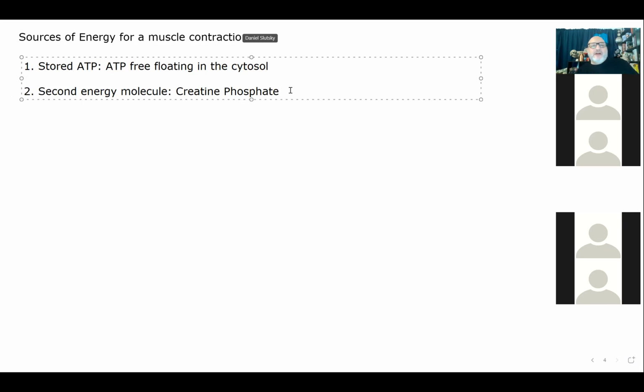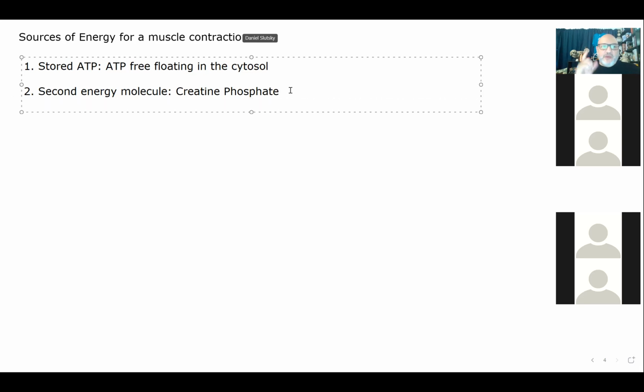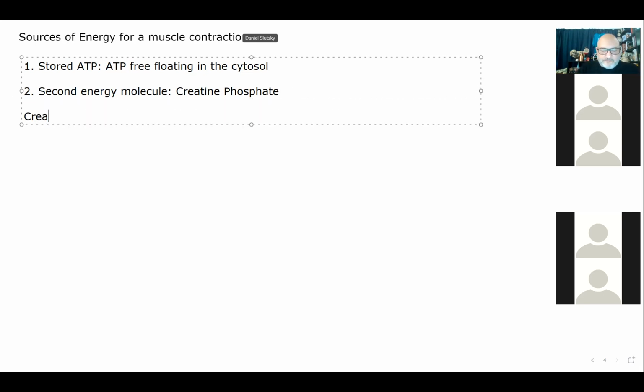Excellent. Our second is creatine phosphate. Creatine is a special protein that is produced and stored in the muscle cell. And what creatine is able to do is if it sees a free-floating ATP just hanging out inside of the cell, it can go to that ATP and rip off its phosphate.